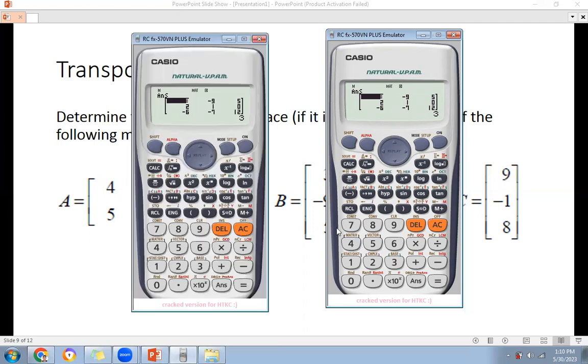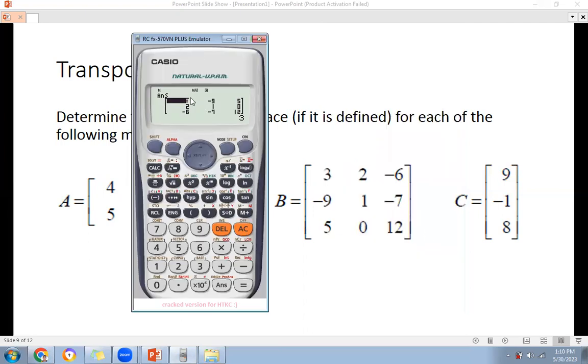Yeah, so if we observe, they contain the same numbers: 3, 2, and -6 on the first column, which was originally the first row. Next is -9, 1, and -7, now on the second column, but before it was the second row. So there is just an interchange of the arrangement of columns and rows.